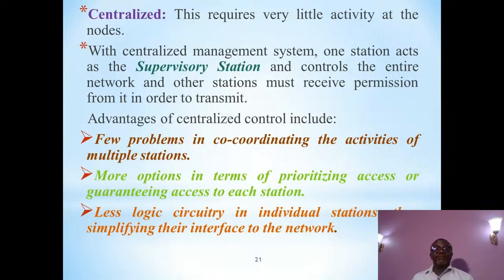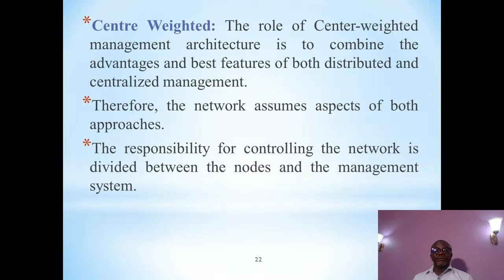over the distributed one. Then the center-weighted one, the role of this center-weighted management architecture is to combine the advantages and best features of both the distributed and the centralized management.